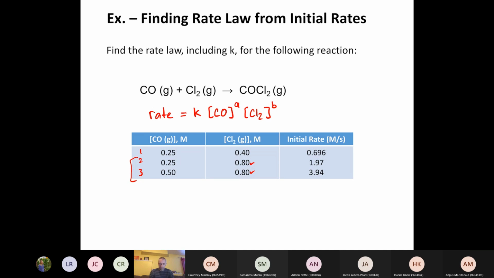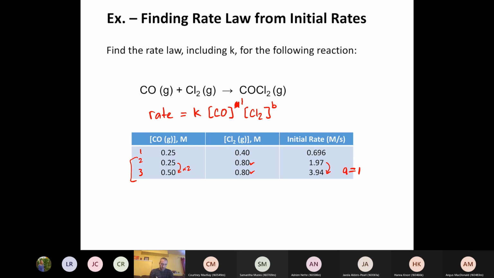The starting concentrations are identical, but the concentration of CO increases by a factor of 2. If you look over here at the rate, it has also increased by a factor of 2 when we doubled the concentration of CO. That means the exponent on CO is going to be equal to 1. Okay, so what we can do over here is scratch out A and put 1.